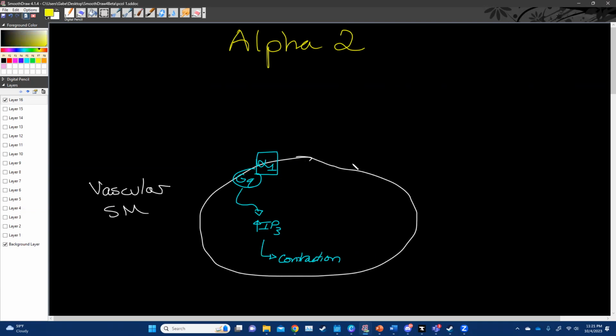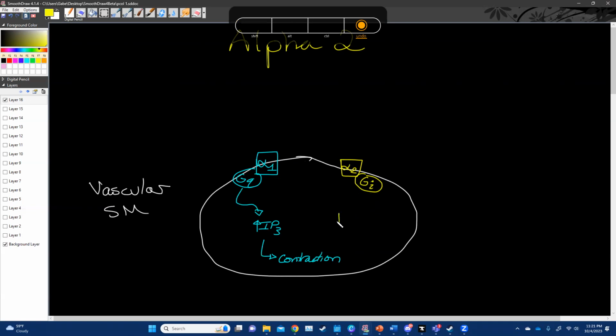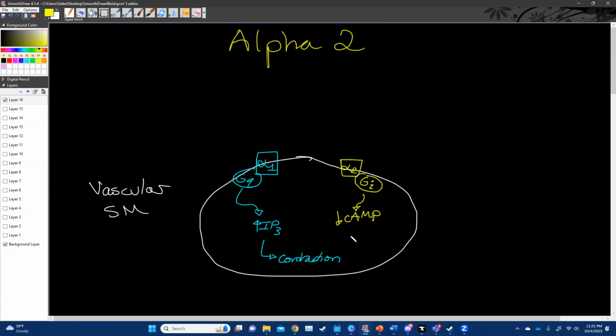We also talked earlier about how alpha 2 is also on smooth muscle, and we're going to cause a decrease in cAMP, which is going to result in contraction as well, right? By inhibiting relaxation, we're going to cause more contraction.